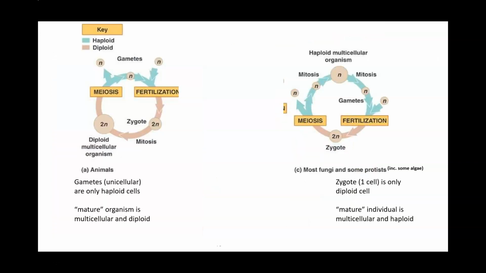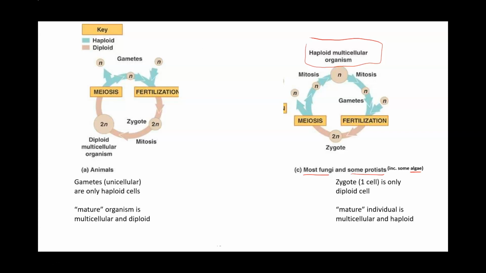Now, not all living things work this way. For example, most fungi and some protists, including algae, which we're going to look at today, have pretty much the opposite life cycle. Right? In these organisms, the dominant phase of the organism's life, in other words, the mature individual, is haploid and multicellular.